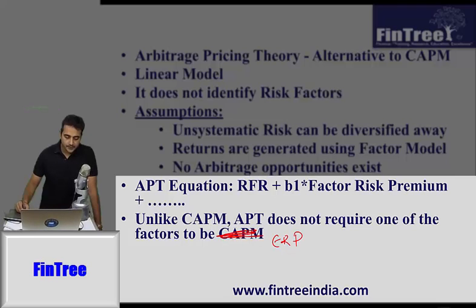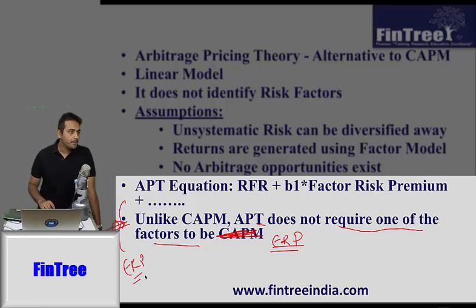Then one single line. Unlike CAPM, APT does not require one of the factors to be equity risk premium or market risk premium. So there is no compulsion that you have to have equity risk premium as one of the variables.